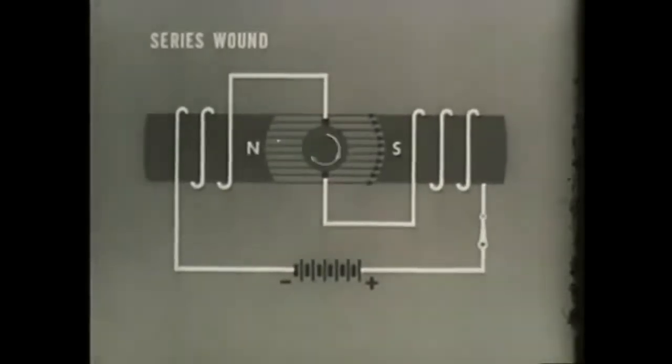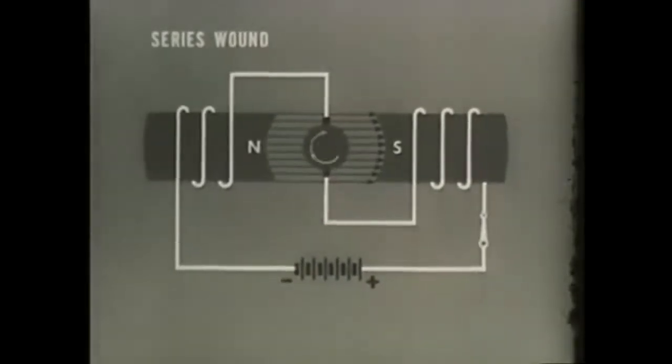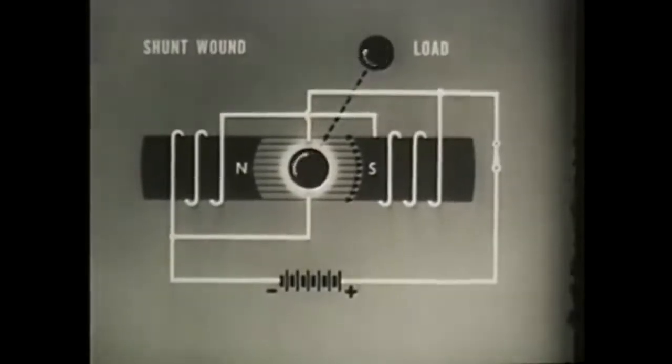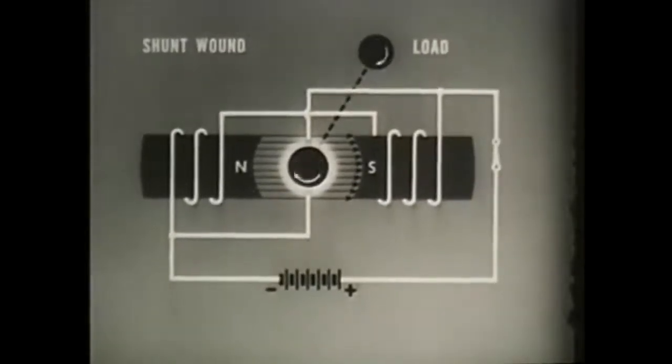As in generators, field windings in DC motors are of three types. The series wound motor has good starting torque, but since its only governing factor is the load, the speed regulation is poor. If the load is disengaged suddenly, the motor will race to destruction. In shunt wound motors, with the field coils connected in parallel across the DC input terminals, the starting torque is not too good.